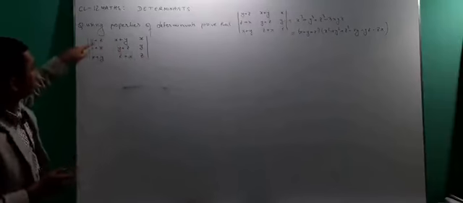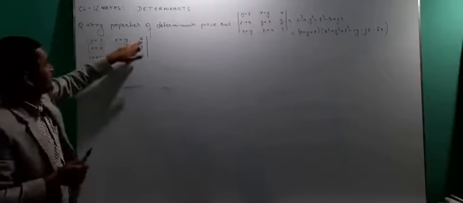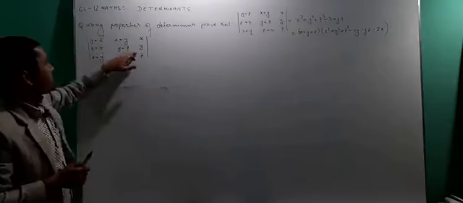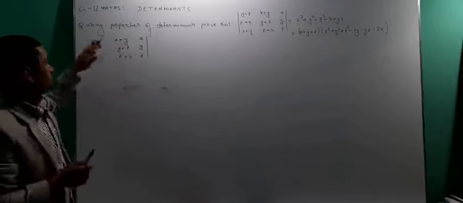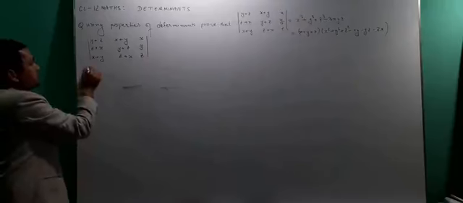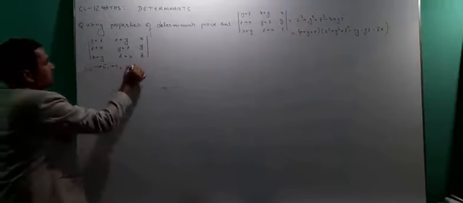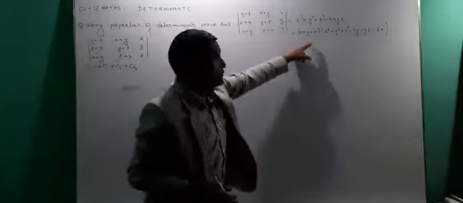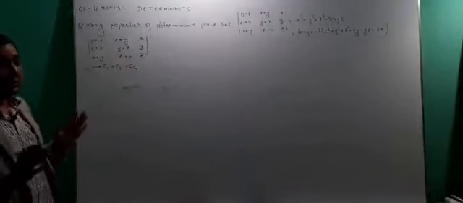Once again, check it: C1 plus C3 gives x plus y plus z in each row. If we do this, we get the first factor, and then we will take that factor out of the determinant. I think you got the idea.